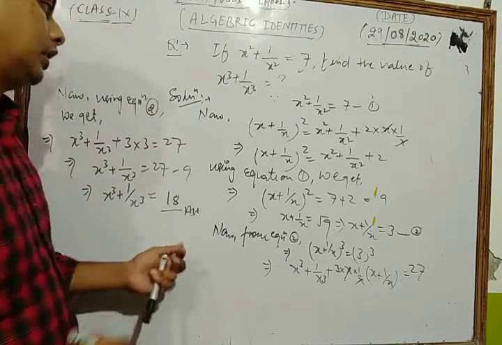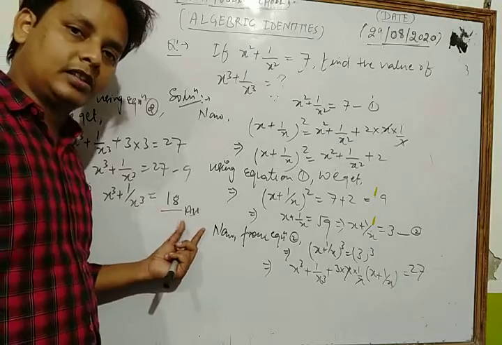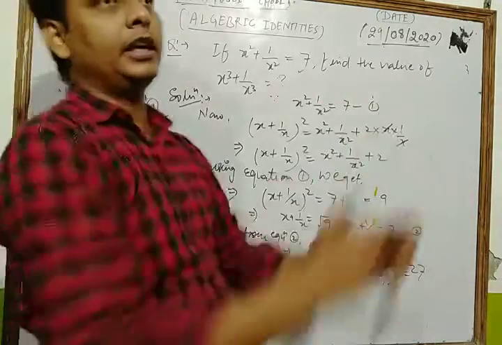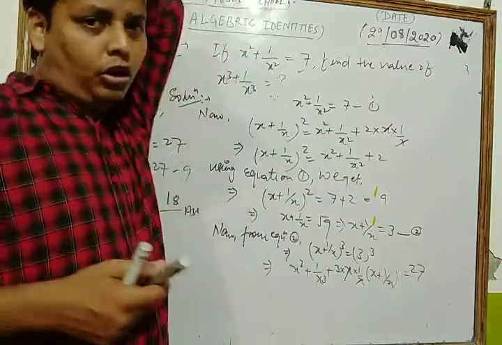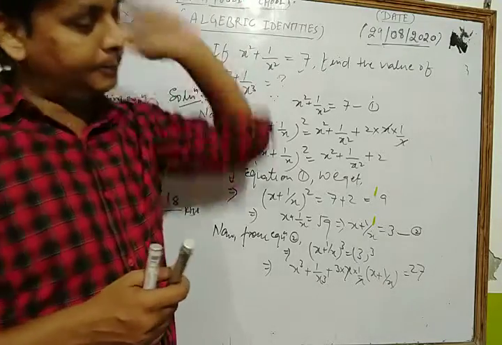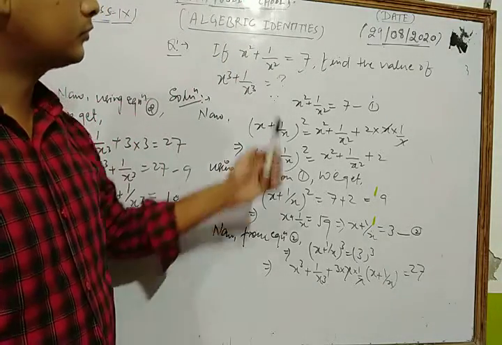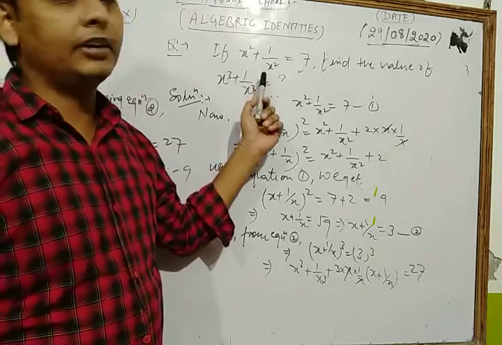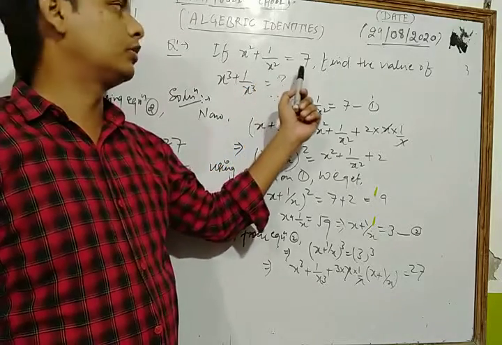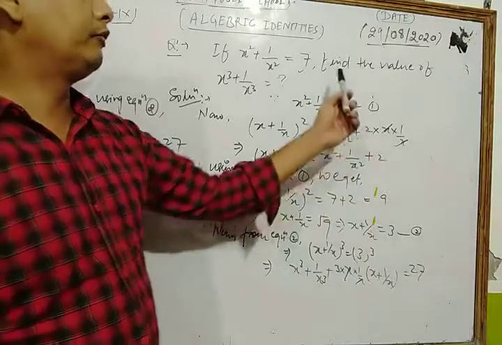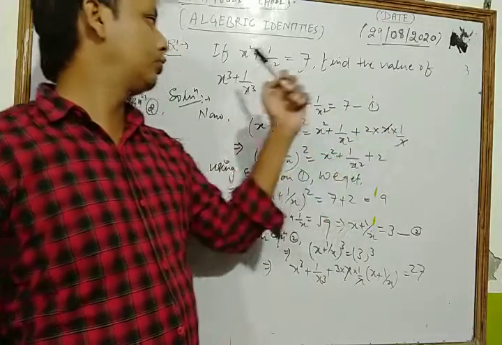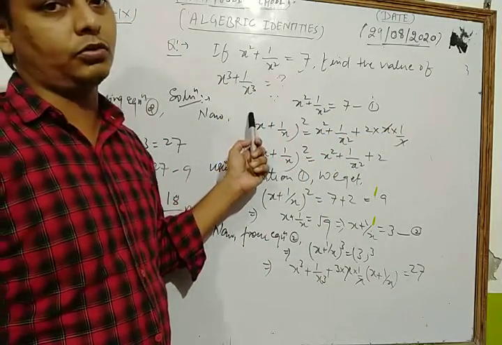This is our required answer. Okay, so dear students, in this way we can solve this type of question. Let's see once more. In this question we have x square plus 1 upon x square equal to 7, and we find the value of x cube plus 1 upon x cube.